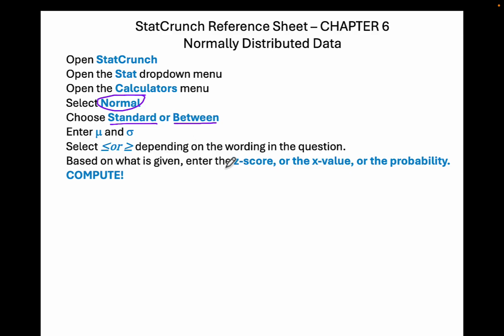So we're going to tell the program the z-scores, or if we're not in standard normal z-scores, we'll tell the program the x values. Or if those weren't provided for us, we'll tell the program the probability. That would go after the equal sign. So we have to tell the program what we know. We hit compute, and then we'll get an output screen like one of the 3 we saw on the last slide. Let's try it.